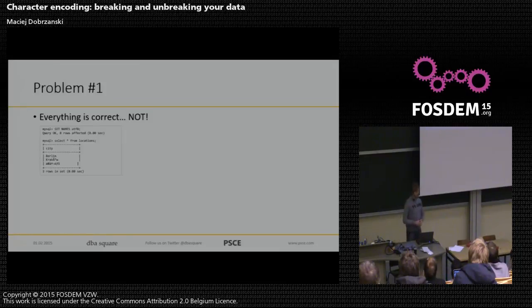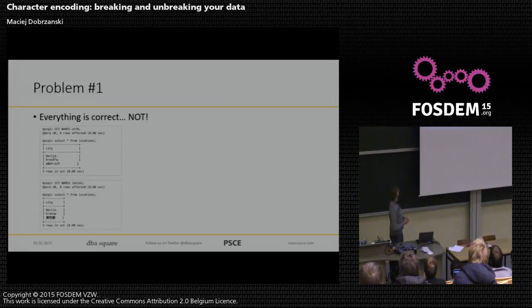We set this to UTF, and MySQL converts our cities into garbage. So it is definitely not right. Interestingly, if we set it to Latin 1, we got all the right things. So the data is kind of correct, but in a kind of weird way.